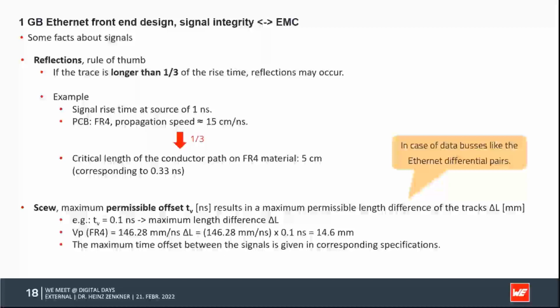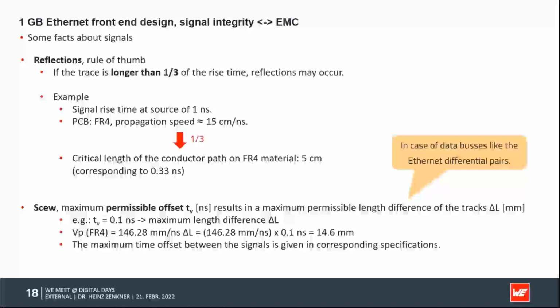We have 15 centimeters per nanosecond. As we talk about 1 nanosecond here, it's 1/3. Meaning the critical length here: if the trace is longer than 5 centimeters, we have to deal with reflections because the propagation time is longer than the rise time.